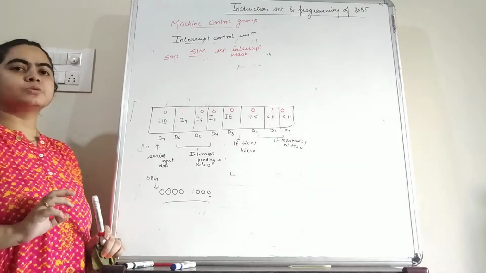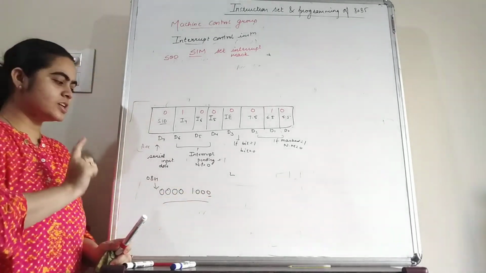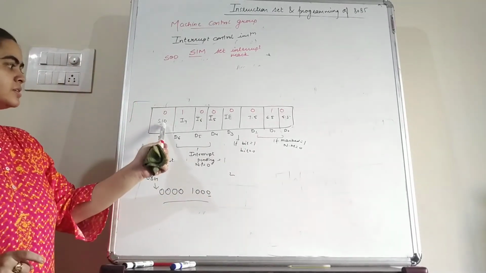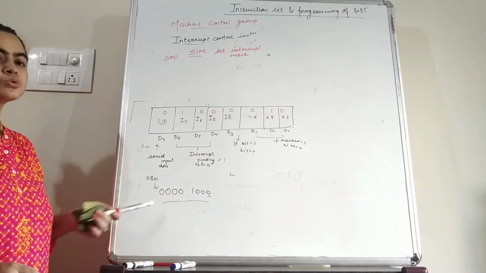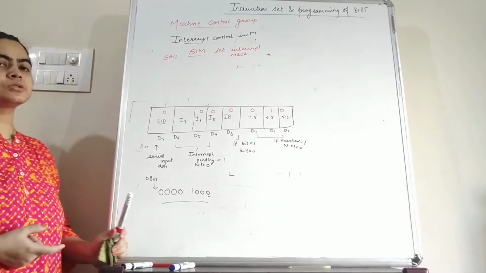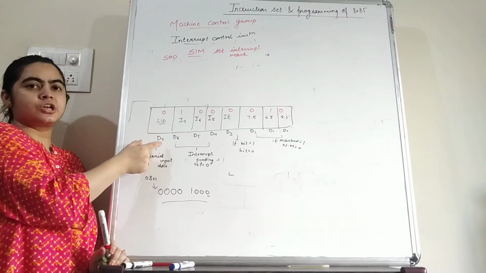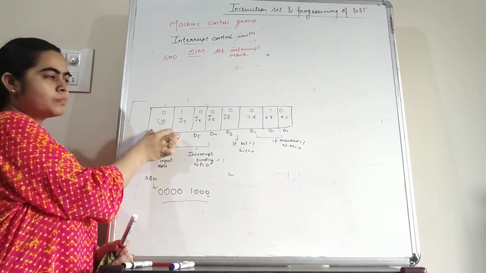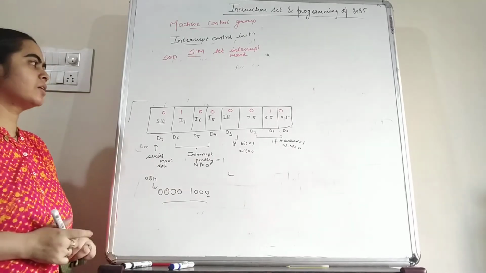So if the microprocessor wants to send 08, it initially sends one bit through D7, and after this it will send the next bit. To send 8-bit data, the microprocessor has to place 8 bits one at a time at this location D7, and after placing the bits there, the peripheral device can read the data.